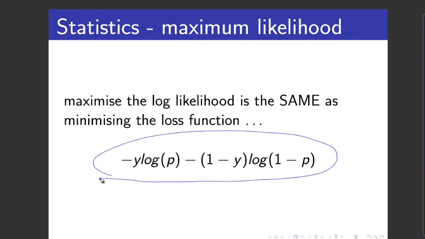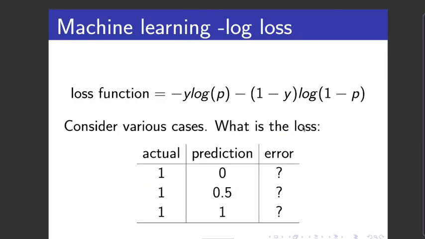If we minimize this loss function, it's exactly the same as maximizing the binomial likelihood. In machine learning, this loss function is called the log loss. And once again, we have a link between machine learning and good old-fashioned statistics.